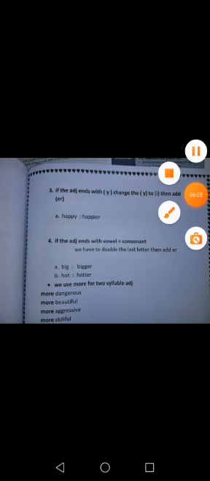Okay, but in the long adjective that has two syllables, we add the word more. Okay, dangerous. Okay, beautiful, aggressive, skillful. Long adjective, right? أكثر من مقطع, right?